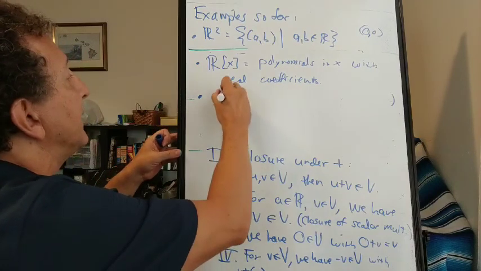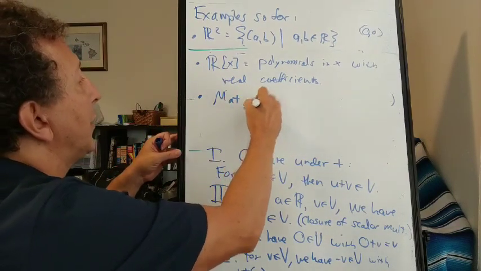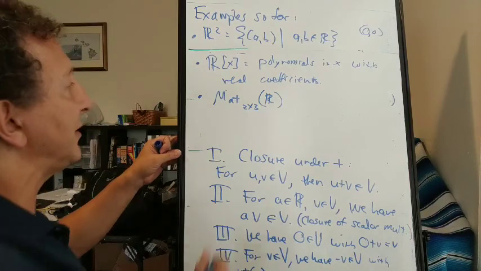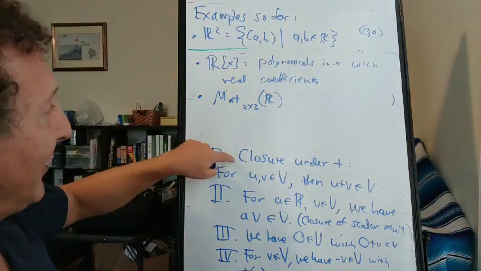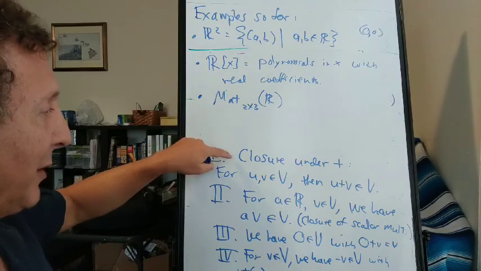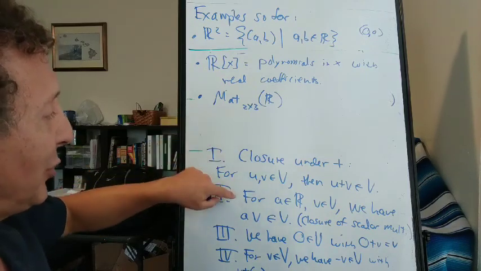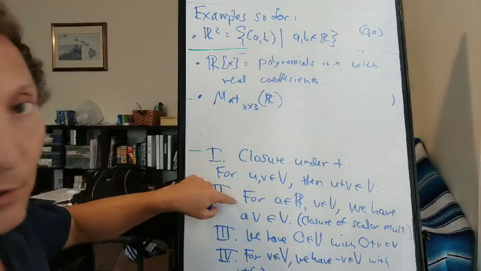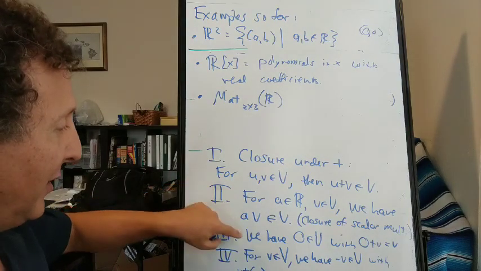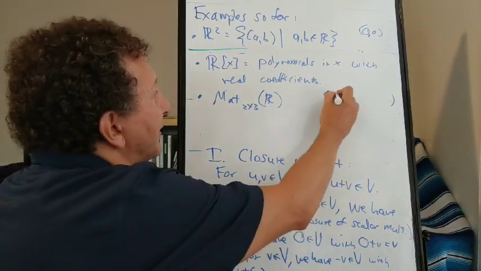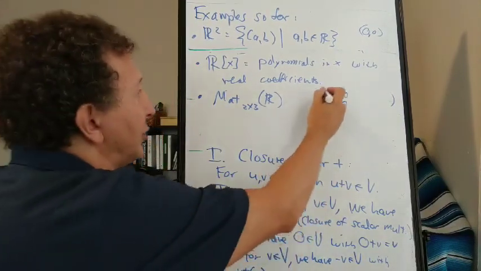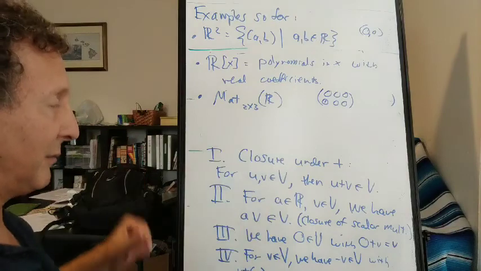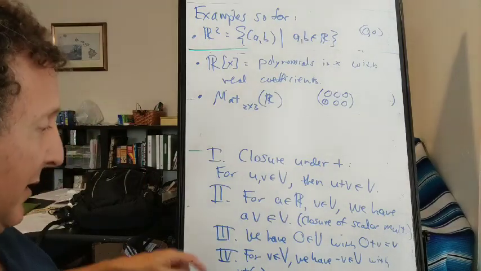We looked at matrices, real 2 by 3 matrices. So if we add two of those together, we get another real 2 by 3 matrix. If we multiply a 2 by 3 matrix by a scalar, we get another real 2 by 3 matrix. We have a 0 element because this is a real 2 by 3 matrix, and we add it to anything, nothing happens.